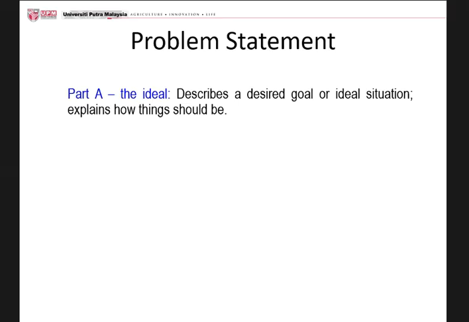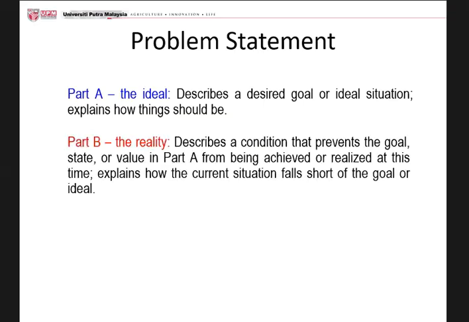If you have a problem, for example the pizza problem, the best case is that the pizza can stay fresh at all times. You want to give it to the customer today, tomorrow, next week. So that's the ideal case, that this box can hold the pizza at all times and maintain the freshness.